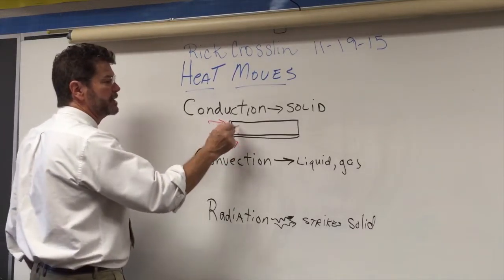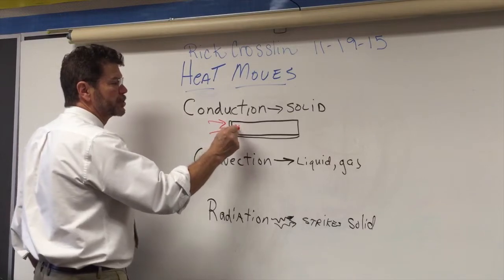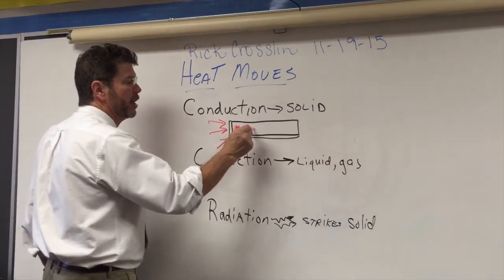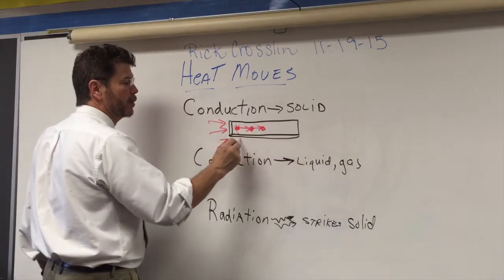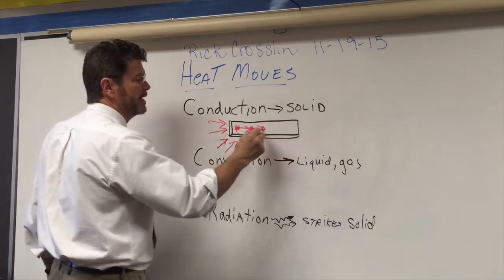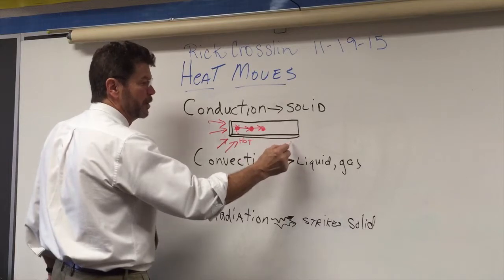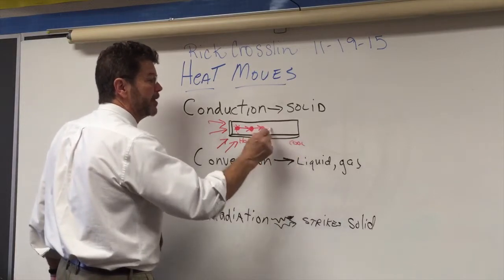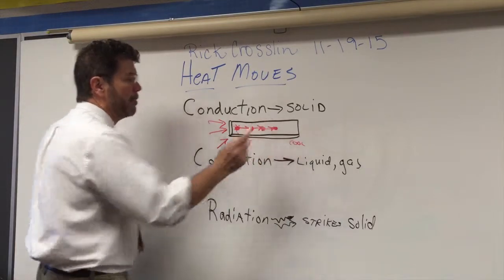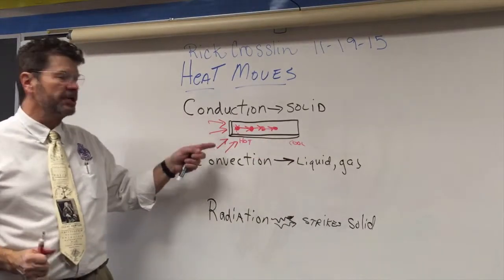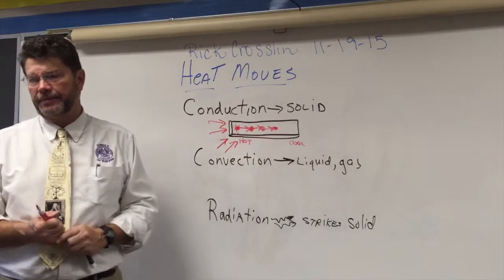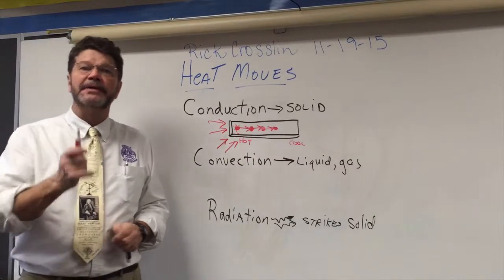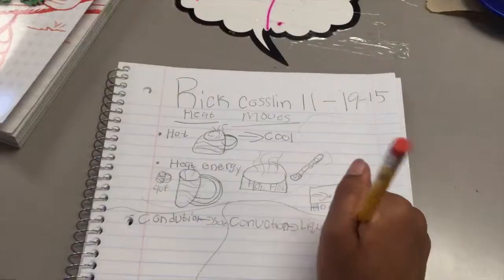The particles inside of here will start to send that heat on down it. This is kind of cool. This side will be really hot. What will this side be down here? It'll be cool, but the heat's coming. So look, this is our model of heat particles going from a hot side to a cool side. Got it? Let me give you a chance to draw that.